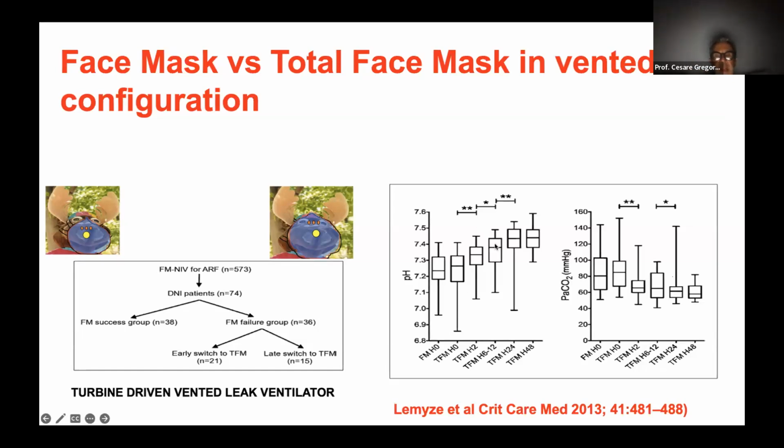Anyway, interestingly, they measured arterial pH and PCO2 with a vented circuit, turbine-driven ventilator. Even when they switched from a small to a bigger mask without changing the settings, the CO2 was strangely less, even after many hours using the total full face mask compared to the smaller oronasal one.